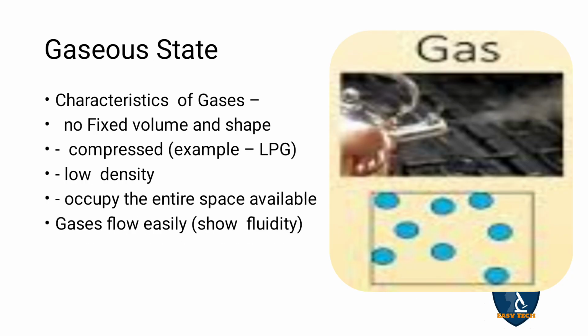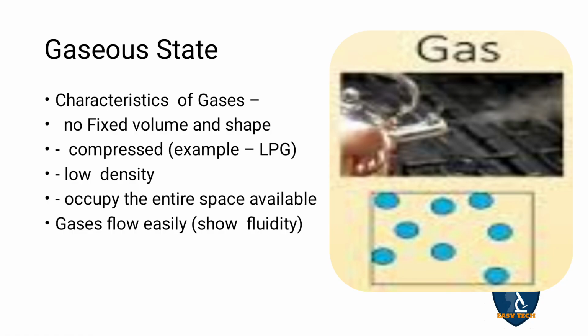Next, the gaseous state. So the characteristics of gas. Gas has no shape and no volume. It can be distributed throughout the full area. So that means gas has no fixed volume, no shape, and it can be compressed. LPG, liquid petroleum gas, the cooking gas we use in our homes, is compressed in the cylinder.